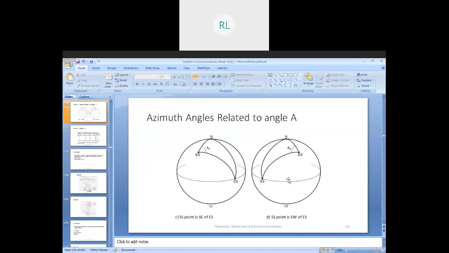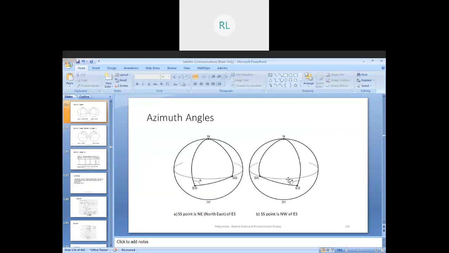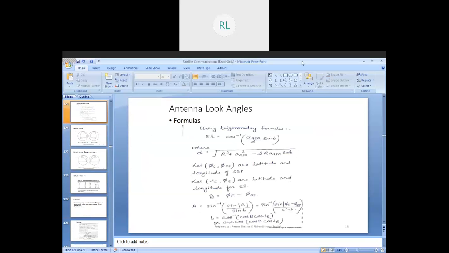So we will solve this in detail. As of now you remember how to calculate azimuth angle, how these angles are seen with the different planes, north, south, east and western plane, and these formulas. So I think we will stop our class here and we'll continue in the next class.